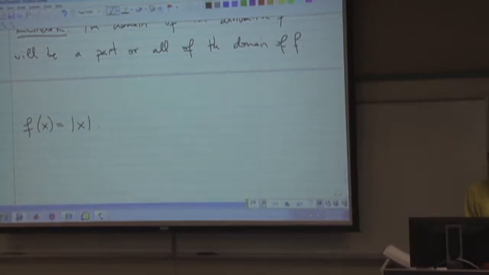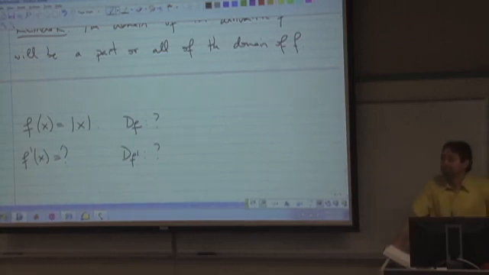Let's find the domain of f, find f prime of x, and find the domain of f prime. It's simple enough to solve.